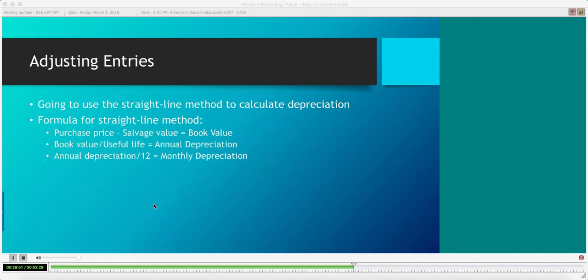We think when we move out, we can get $10,000 for it. That would bring our book value down to $40,000. We're planning to live there for 10 years. So we'll divide our 40,000 by 10, which gives us $4,000 annually. And then in this class, we want to know monthly depreciation, so you would divide the annual by 12. Quickest, easiest way to calculate depreciation.